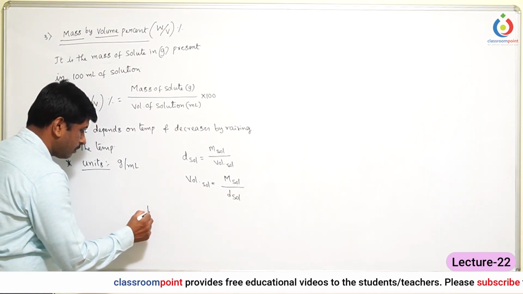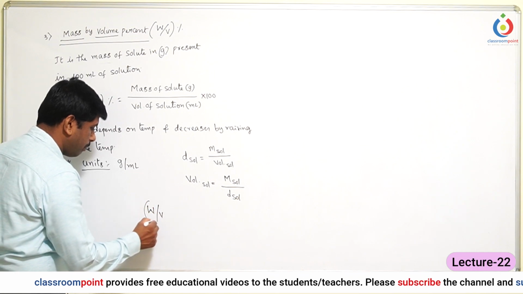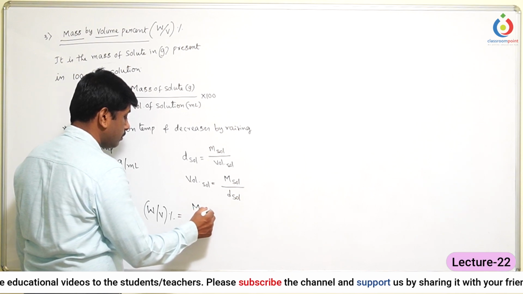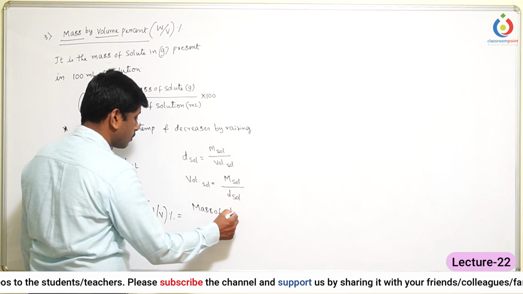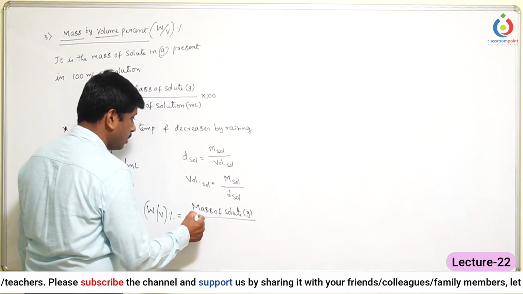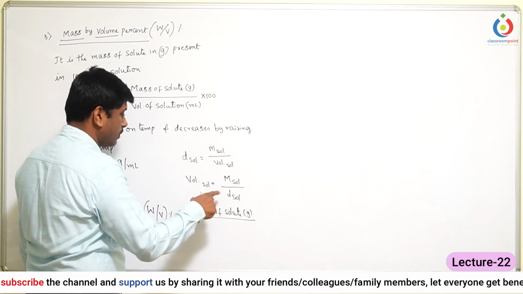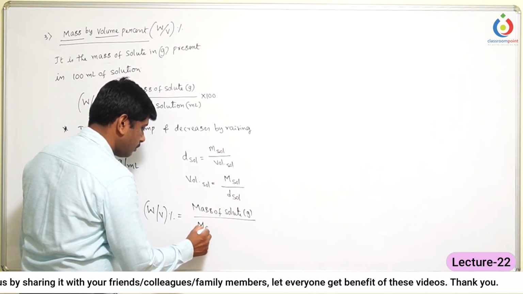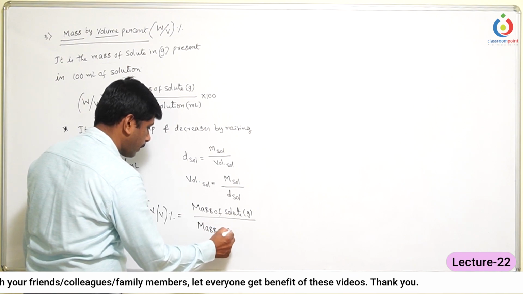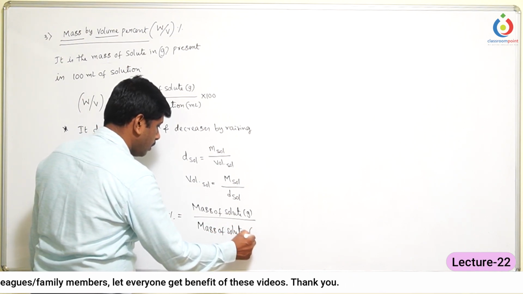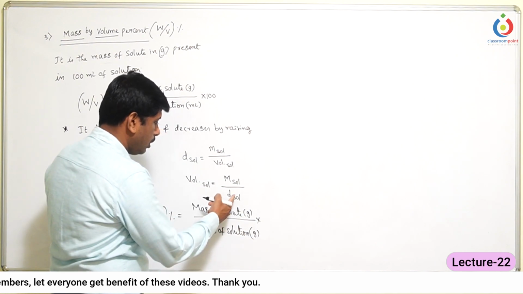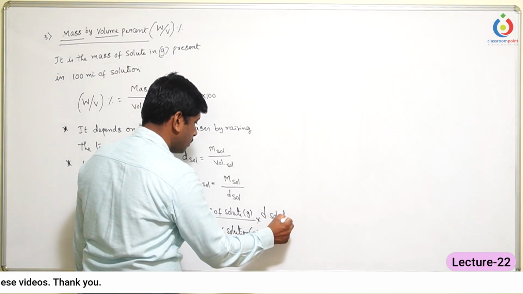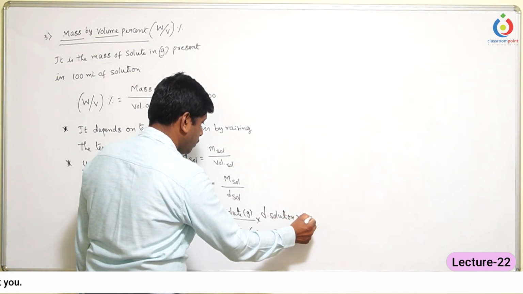So here we get the W by V percent is equal to mass of solute in grams divided by, instead of volume of solution, we can take the mass of the solution in grams into, so this denominator density value goes there, the density of solution into 100.